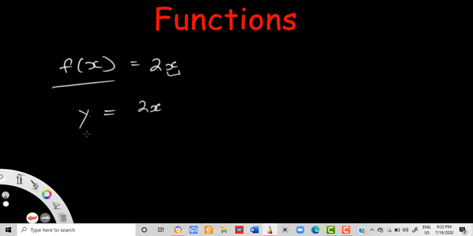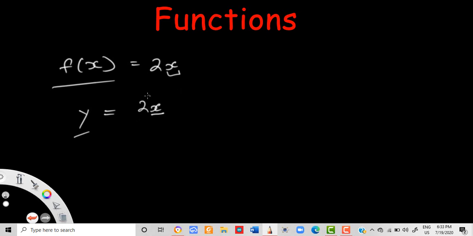So f(x) can be written as y. f(x) means what? f times x, right? So same thing here. If you want to find the output, this is the input x. So as I told, the output will be dependent on the input. So here, as you can see, the input is being multiplied by 2. So the output depends on the input in whichever way.